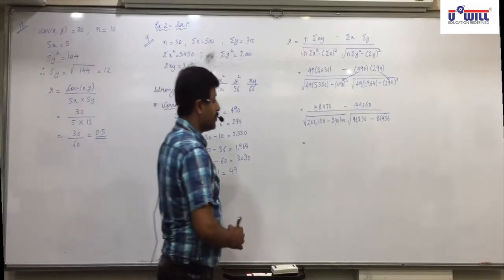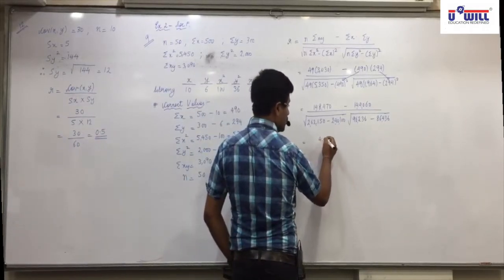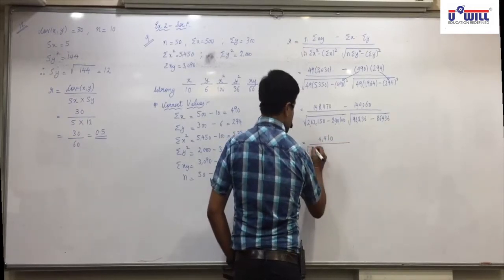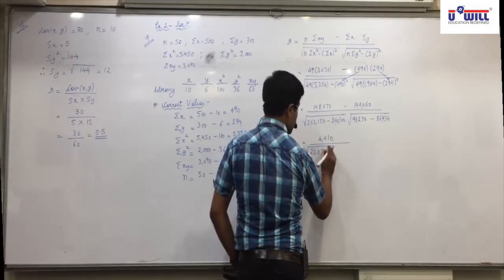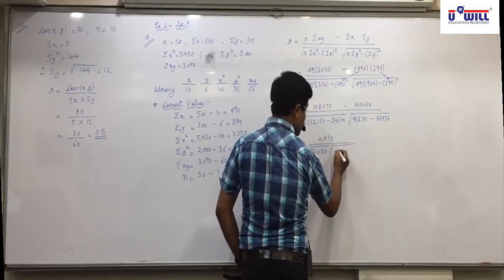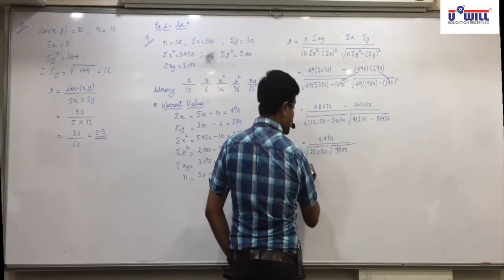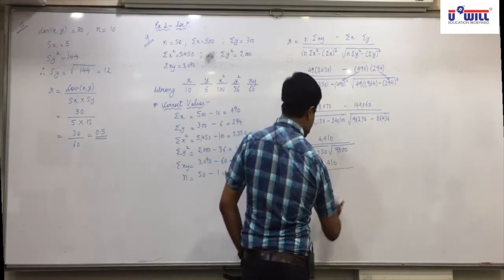Divya ji. 4410 divided by under root 22050, root 980 9.800.